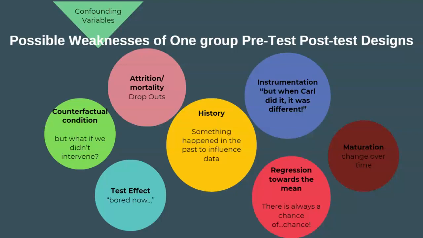Okay, instrumentation is an interesting one when you have a research team and it's not just you doing your experiments on your own. If one person, say, does an interview and then the next person does the follow-up interview with the same person, it could be different because that person could have different affect towards the participant, which would influence their responses.